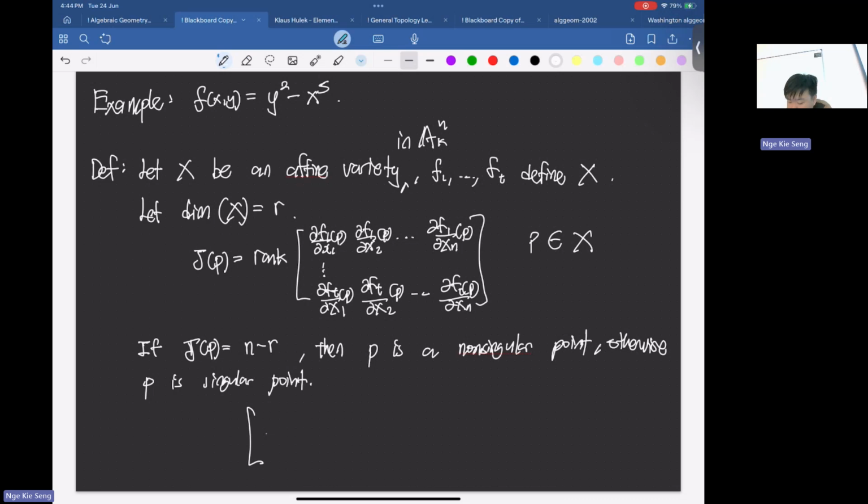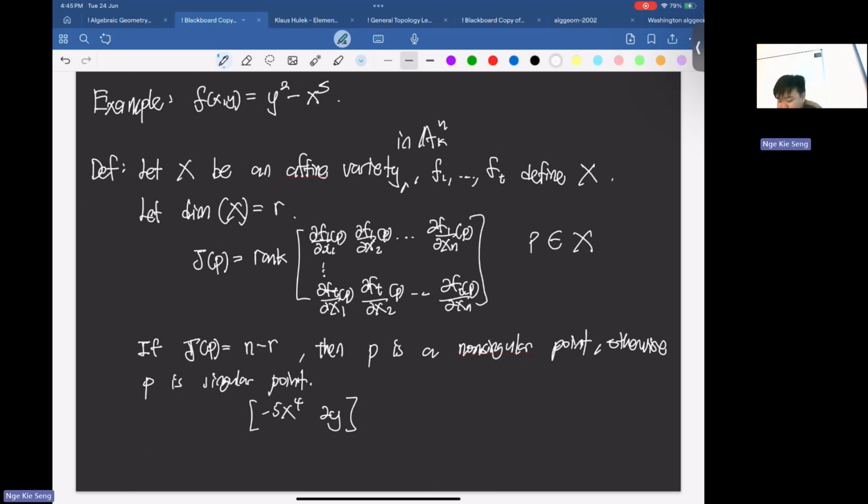First, the partial derivative with respect to x is negative 5x to the power 4, and the partial derivative with respect to y is 2y. Of course, this is a single polynomial, so the matrix is 1 times 2.